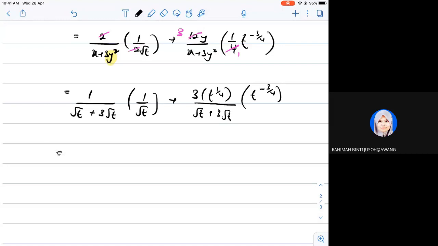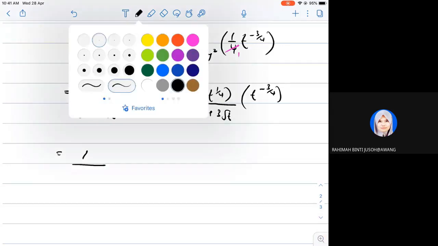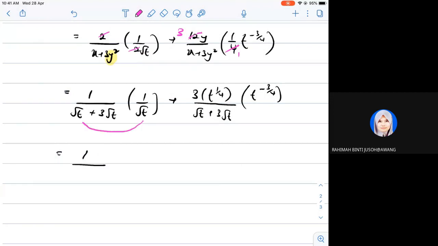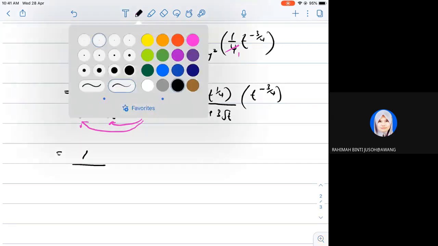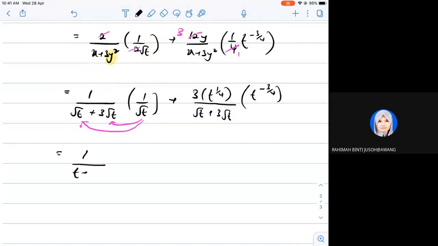So now we can simplify the first term as 1 over square root t ni. You darab masuk dalam lah. Multiply here. And multiply here. Okay. So we will have t plus 3t. Square root t darab square root t jadi t.